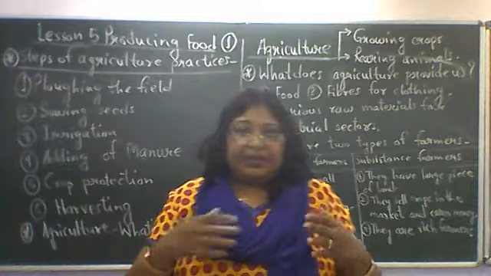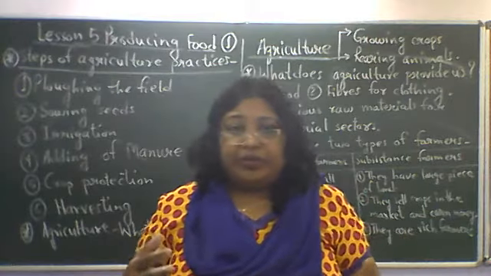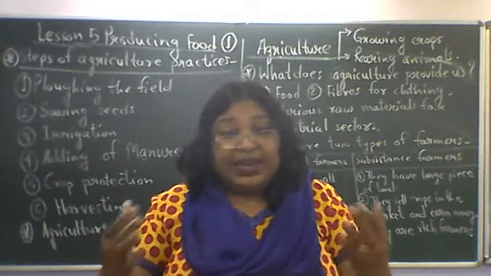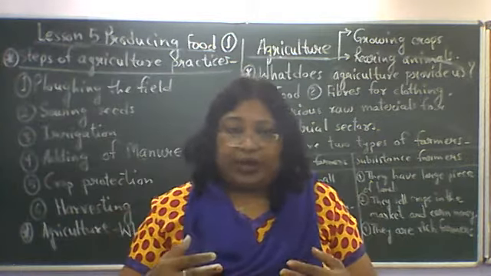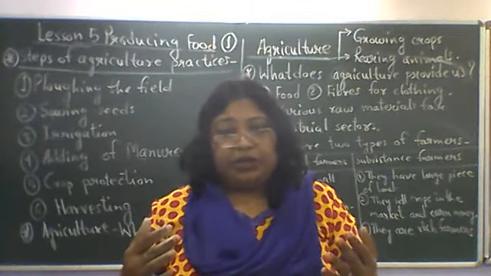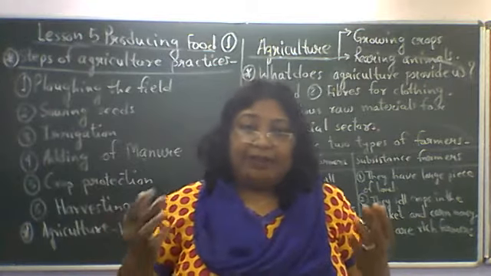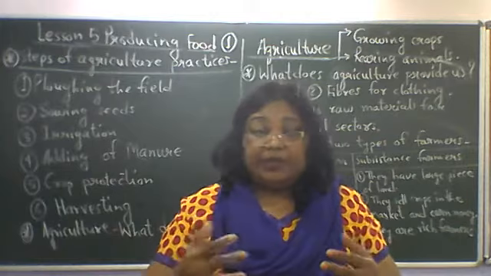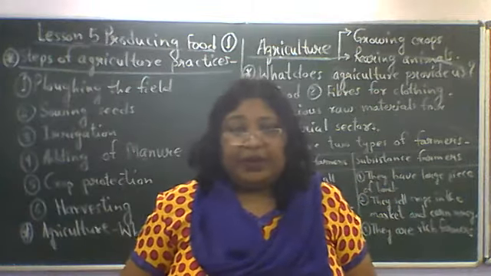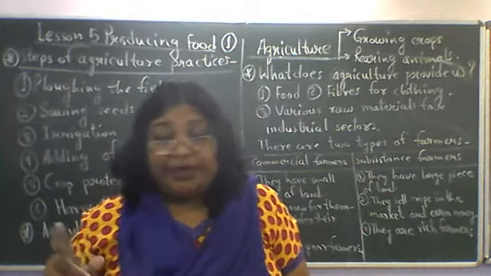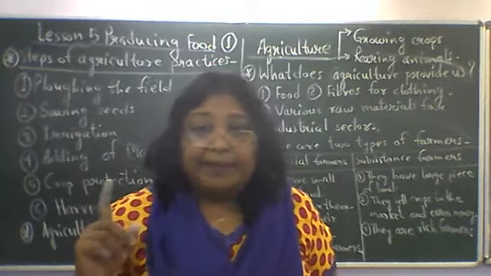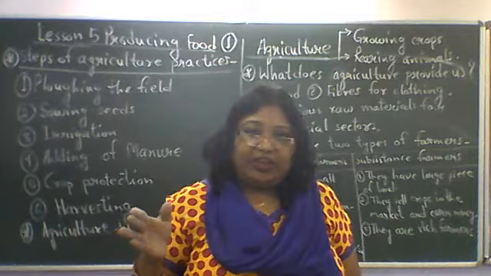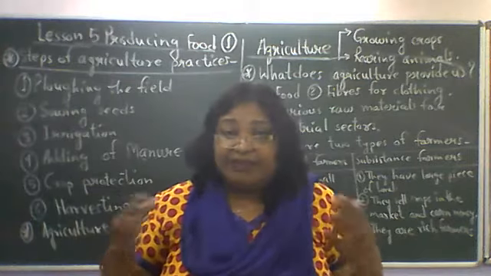The farmer adds manure. Manure increases the fertility of soil, so that if the soil is good, then from that soil the farmer will get good crops or crops in more quantity. Manure is a natural one.